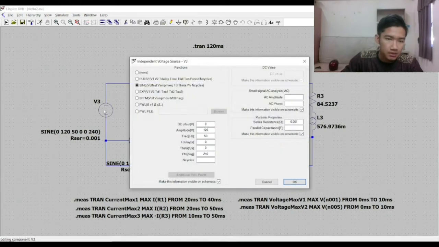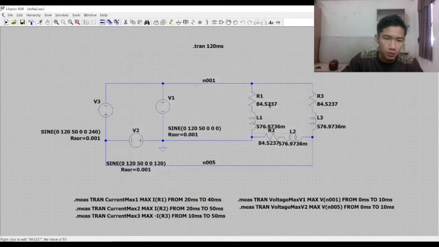And this is the setting for the voltage source. Amplitude is 120, frequency 50 Hz, and the phase angles differ by 120 degrees, which is 0, 120, and 240. The impedance right here is all the same.